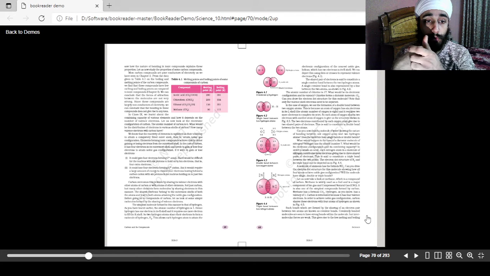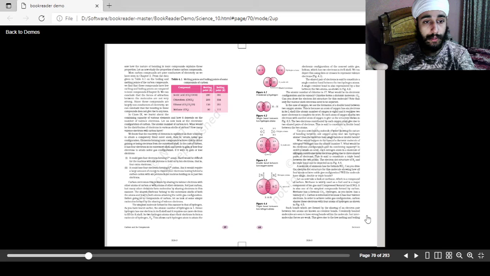To lose the 4 electrons is also not possible, because a large amount of energy is required to remove them, leaving behind the carbon cation with 6 protons in its nucleus holding on to just 2 electrons.